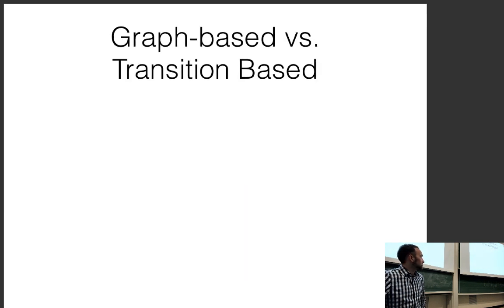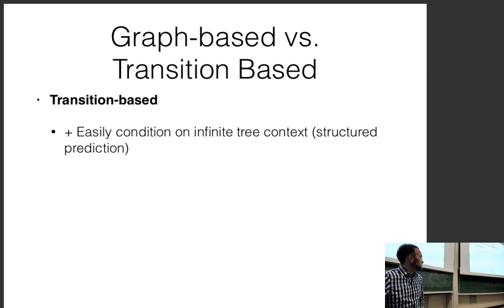So graph-based versus transition-based. Transition-based, what are the advantages and disadvantages? Transition-based has the good advantage of being able to easily condition on infinite tree context. So this is essentially a structured prediction problem, just like machine translation. It's a structured prediction problem with infinite context. So exactly like sequence models, we can use an RNN to condition on all the contexts that we've used so far.